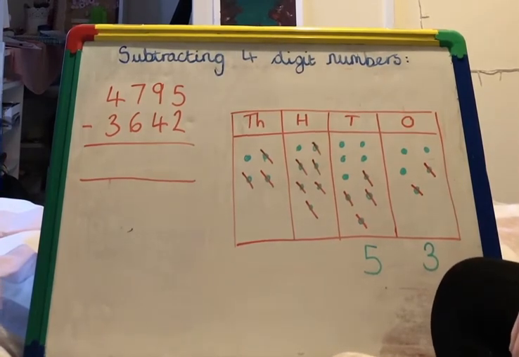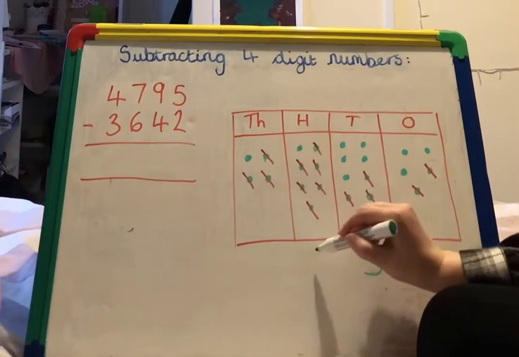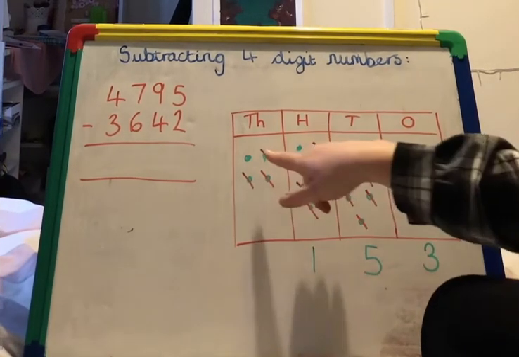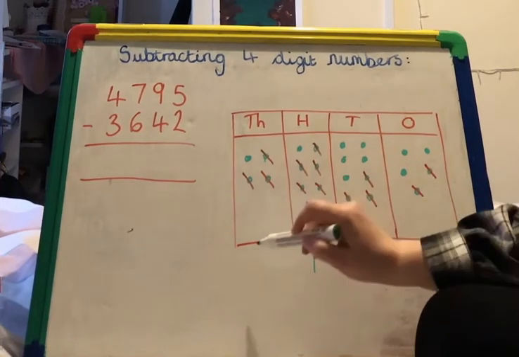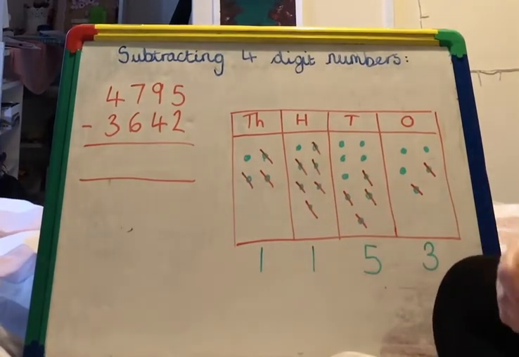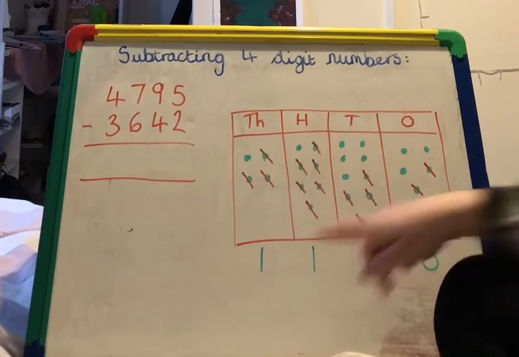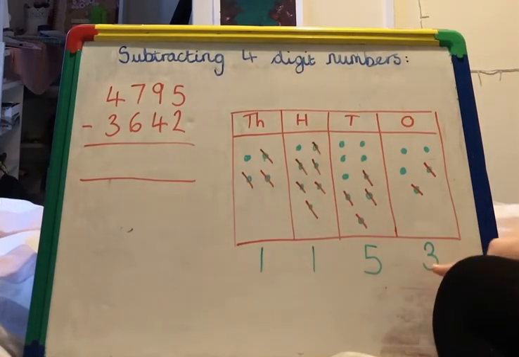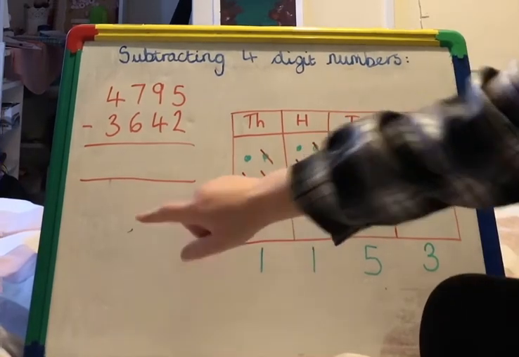How many dots with no crosses through? Just 1 in there. And in my thousands column, the same. I've got 1 dot left with no cross through. So I'm going to put a 1 there. That is telling me my answer is 1,153. And we can check that now using our column method.